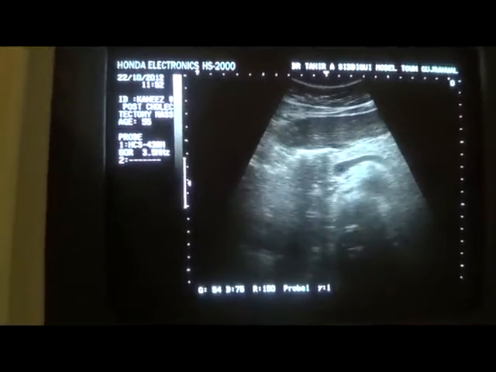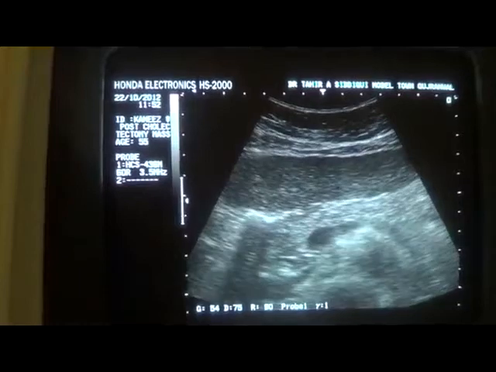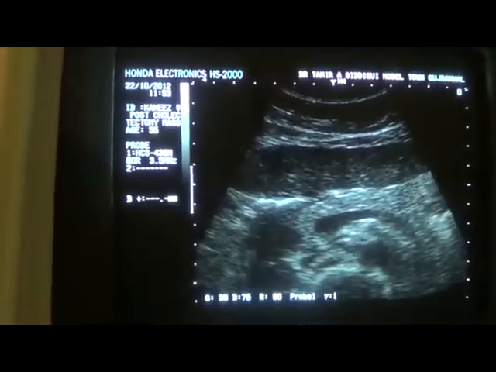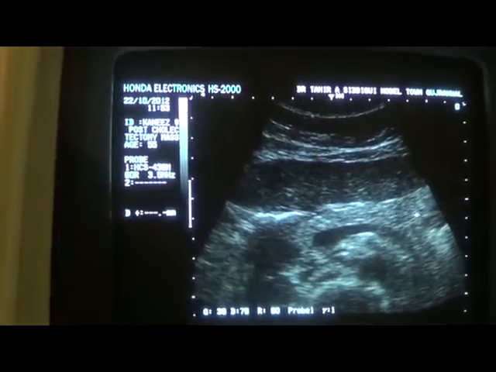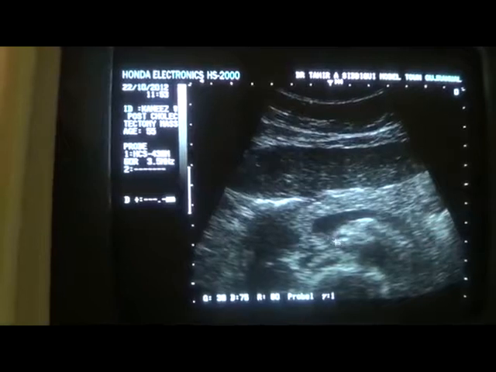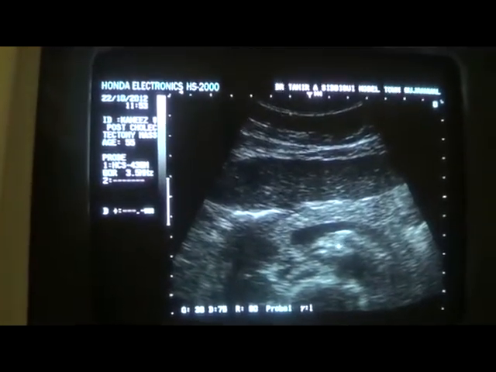now let's see the pancreas. Here we see the pancreas. In transverse section, this is the splenic vein, superior mesenteric vein, aorta, and superior mesenteric artery.